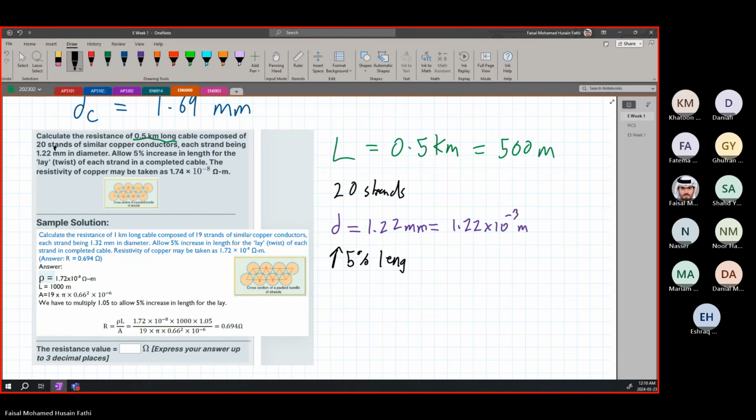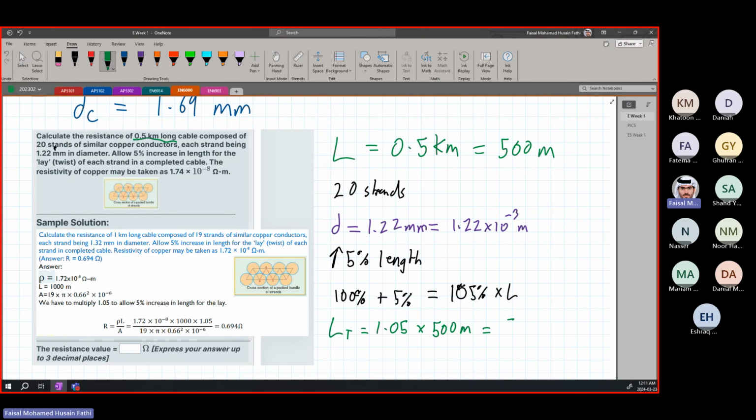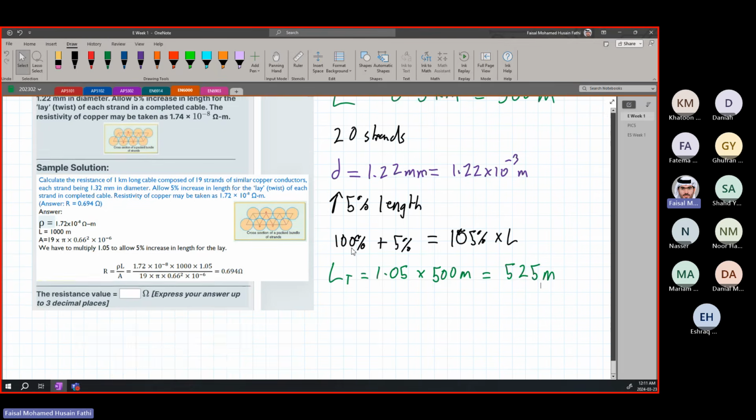You have 100% length and you add 5 more percent, so you have 105% times L. So the total actual length, L total, is 1.05 times the 500 meters, which is equal to 525 meters. Because there's an increase in the length, you need to compensate for this increase in the actual total length of the wire.